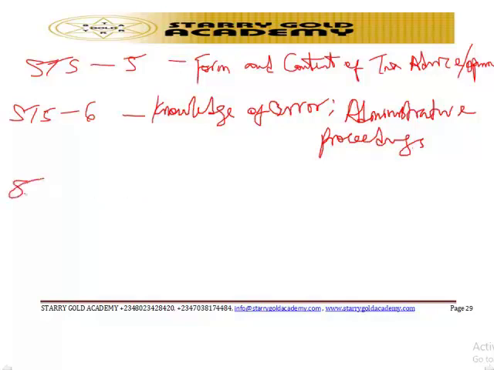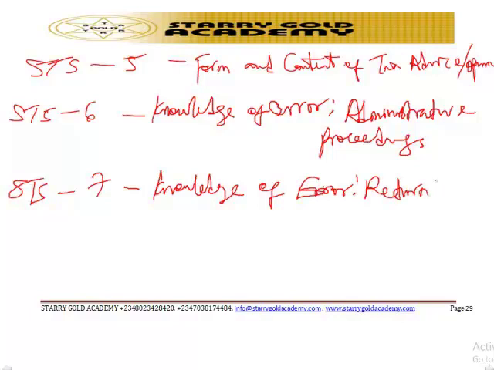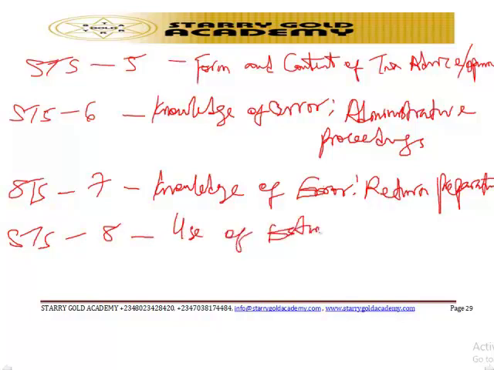And then statement of taxation standard 7 talks about the knowledge of error on return preparation, and the statement of taxation standard 8 talks about the use of estimates, and the statement of taxation standard 9 talks about tax planning.